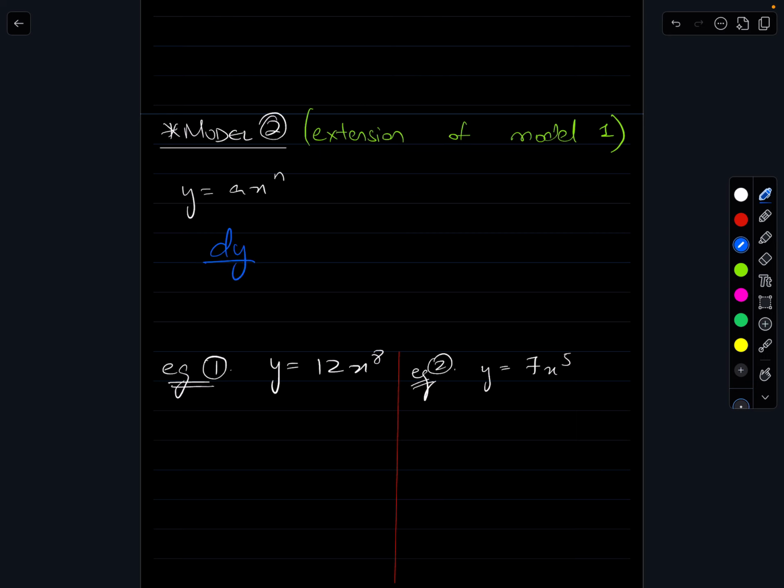So we have dy by dx, bring the power down, so it gets multiplied with a, and reduce the power by 1. I'll change the color. So we had a as it is, I brought the power down, x power n minus 1.